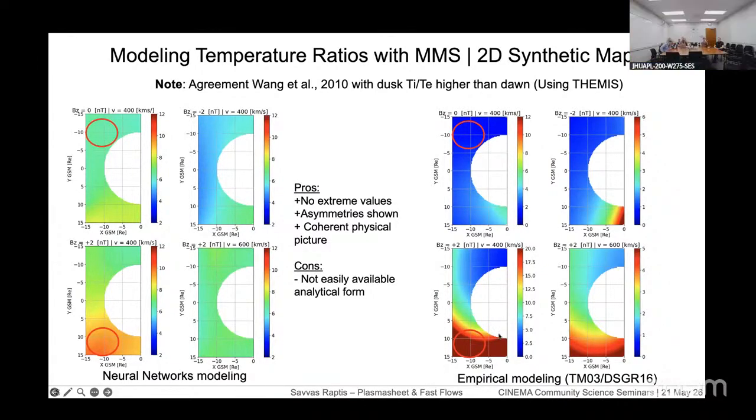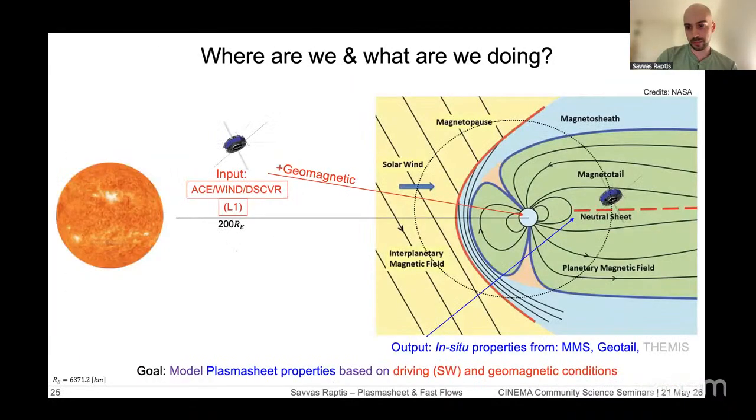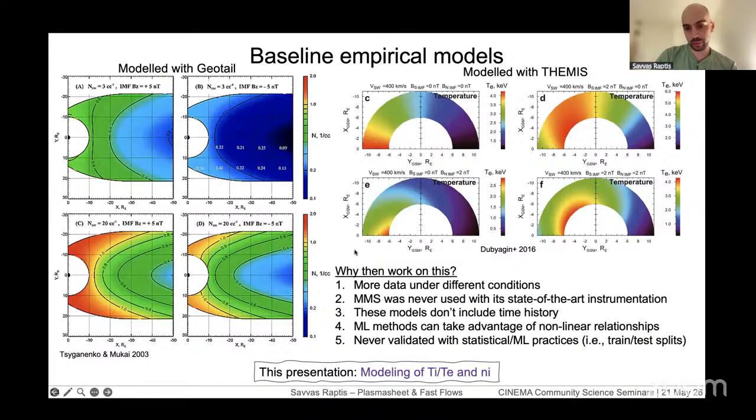Yeah, so I have to admit, I always feel bad about showing this picture on the right, mostly because I am not being fair to the empirical model. If I go back to this picture, you see that the empirical model is basically defined much closer to the Earth. So what really happens here is that because we force it to go outside its trained regime, you get very low values for the electron temperature, and as a result, it saturates when you compare Ti over Te.